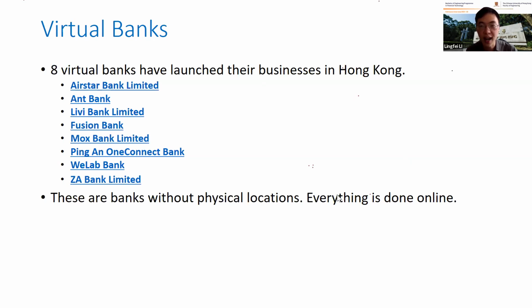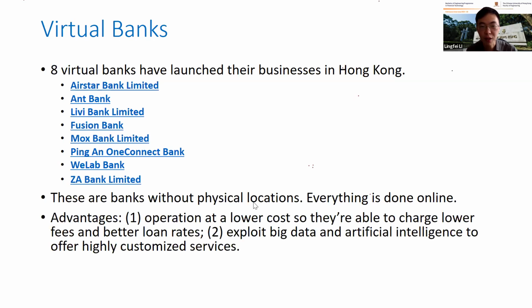And doing things online actually can save you a lot of cost. It's actually expensive to operate a bank in physical locations. Typically, the operation cost for a small branch is on the order of millions of Hong Kong dollars. I heard it from a FinTech professor, Professor C.K. Chen.